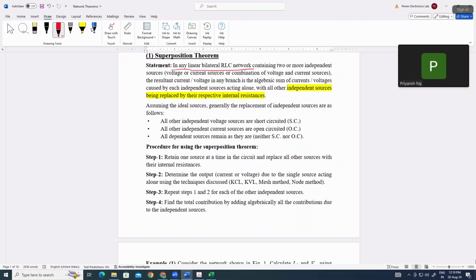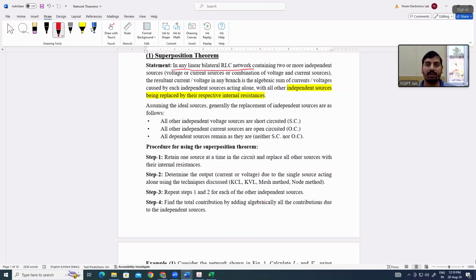Bilateral, you already know, means we can connect elements in any way, and if we connect in any direction, the property of that element should not change. So bilateral means the current can flow in both directions and the property will not change.